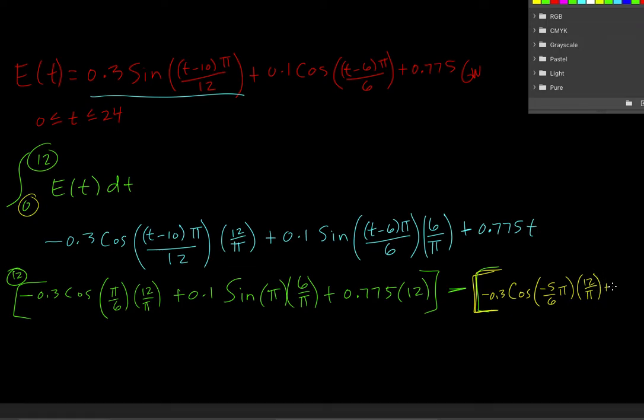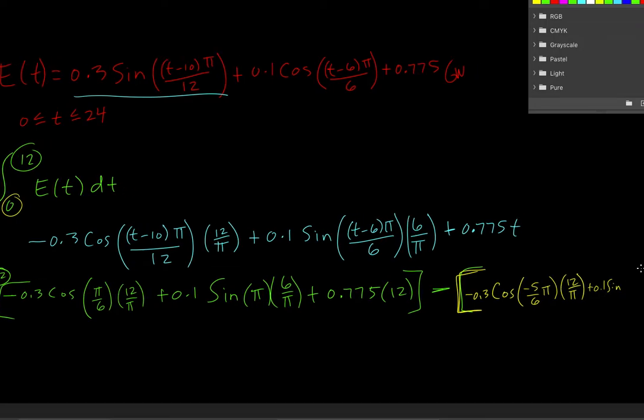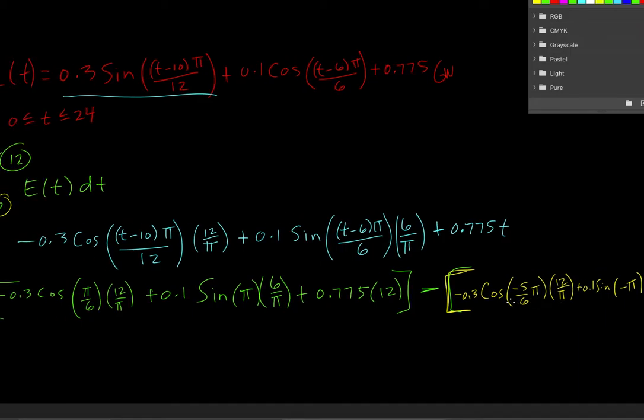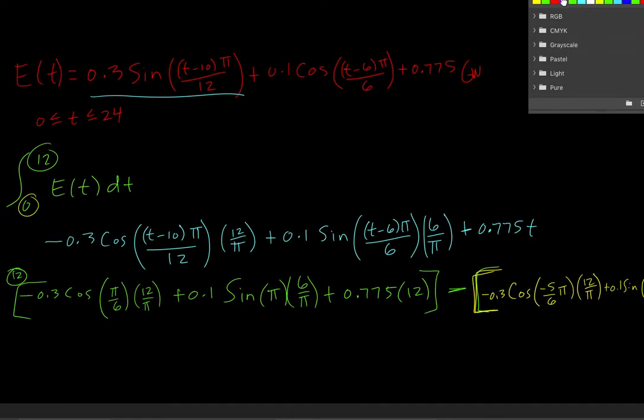And then we add that to 0.1 sine, and if I keep going, plug in a 0 there, the 6's cancel, so that's just negative pi, and then 6 over pi. And then if I times this by 0, it just goes away. Okay, so we can just throw all of that into a calculator, and if we do that, a couple things happen.